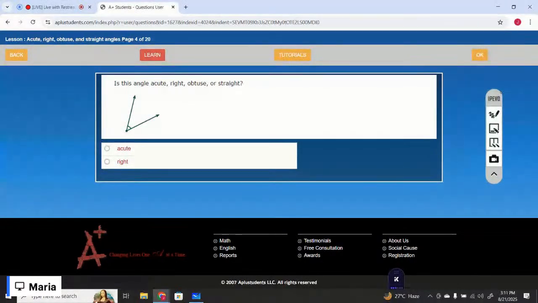Is this angle acute, right, obtuse, or straight? So that is less than 90 degrees, acute angle.